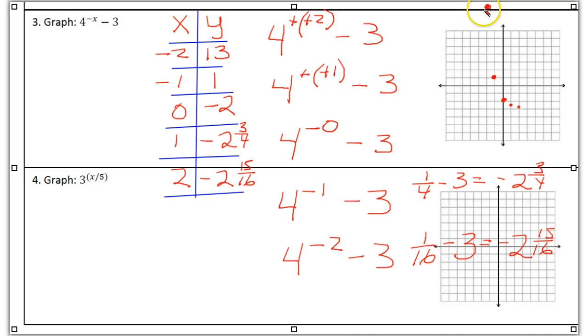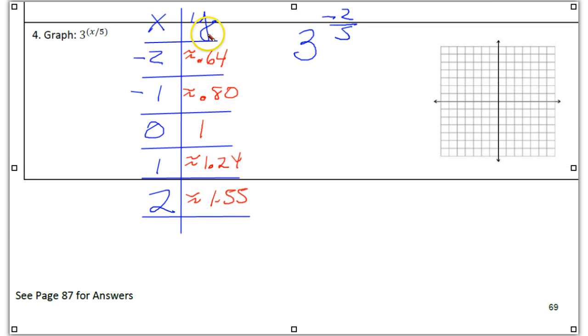And again, you're just trying to sketch these to give you an idea what they will look like here. And I believe negative 3 is your horizontal asymptote. I went over the line a little.